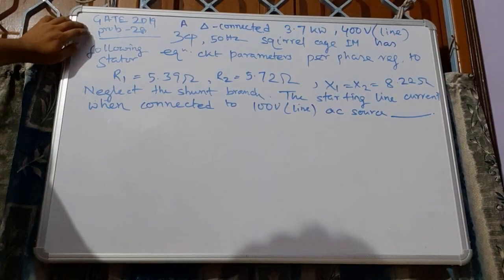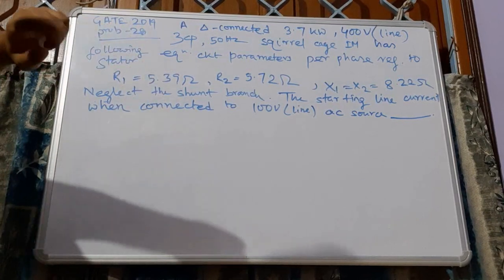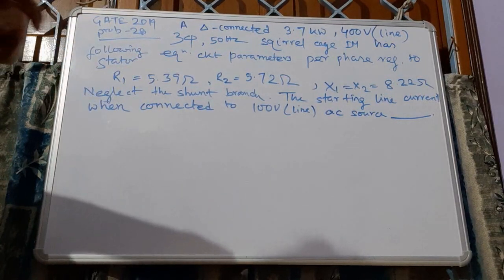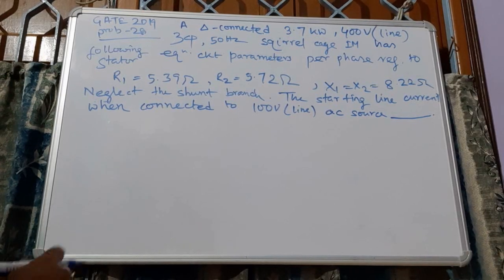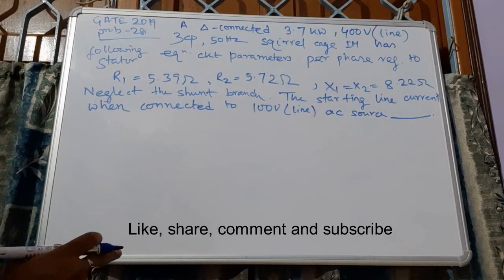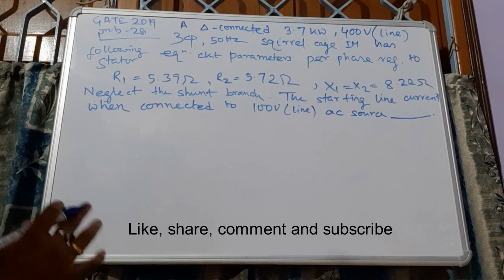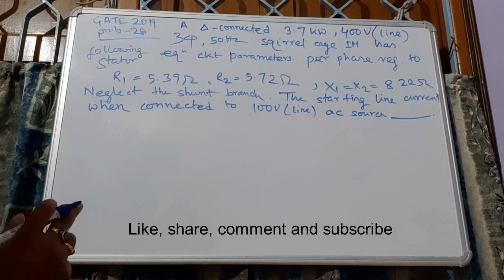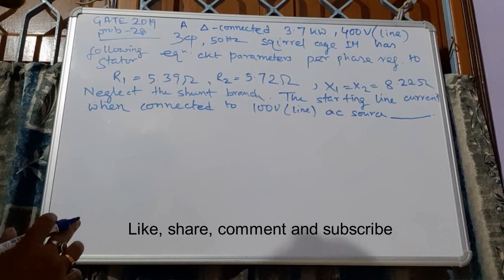So this is GATE problem number 28 for induction motor. It states that a delta connected 3.7 kilowatt, 400 volt line, 3 phase, 50 hertz squirrel cage induction motor has the following equivalent circuit parameters per phase referred to stator.